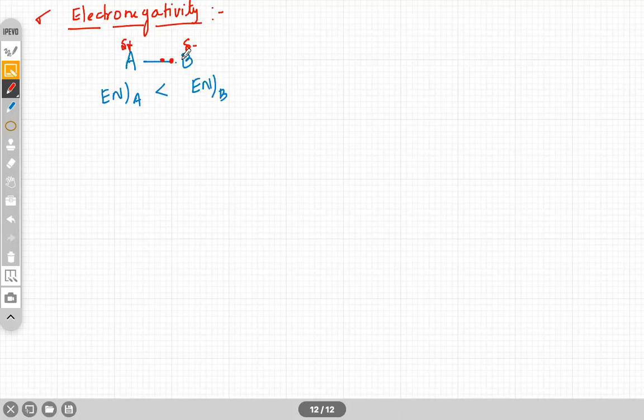So it's like a tug of war for these two electrons between A and B. The one which is more powerful will drag the electrons towards its side. This is the ability of an atom to drag the shared pair of electrons. Shared pair means the pair of electrons present in a bond, like in NH3, where this is the lone pair and this is the shared pair of electrons in a bond.